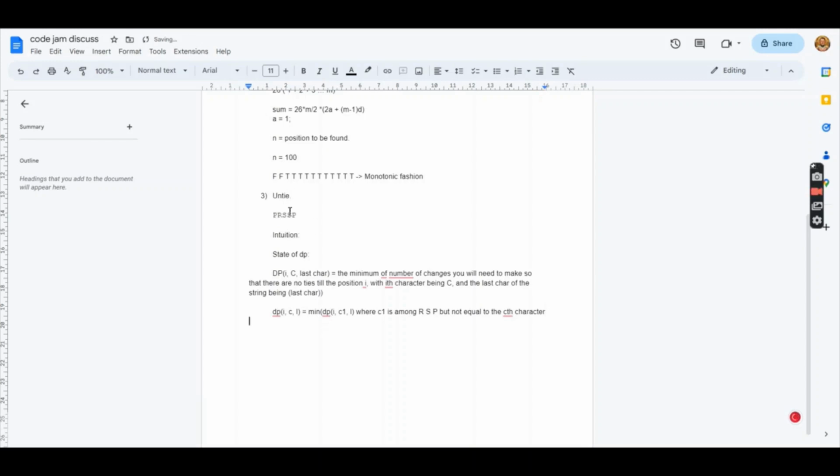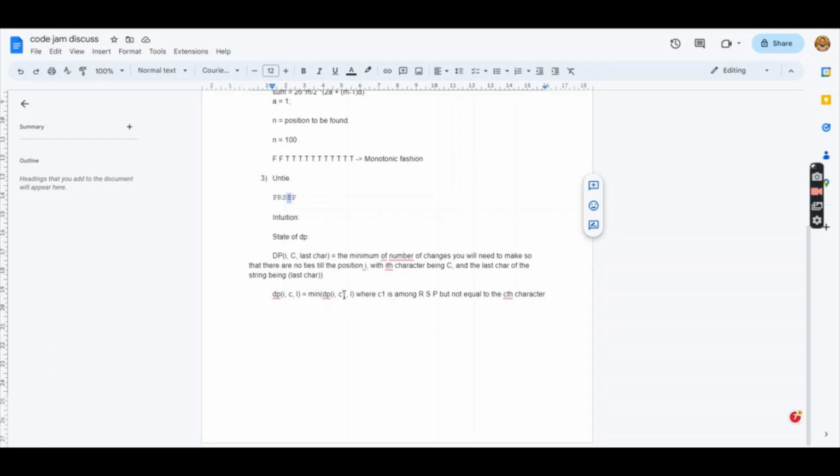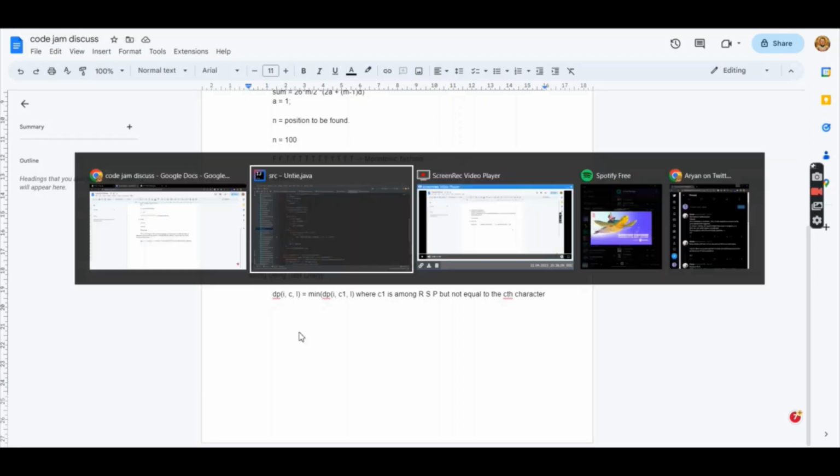So if the ith character is S, the I minus 1th character cannot be S. It could be R and P. So this is basically the transition, and the transitions were quite easy. So let's just move on to the implementation part.